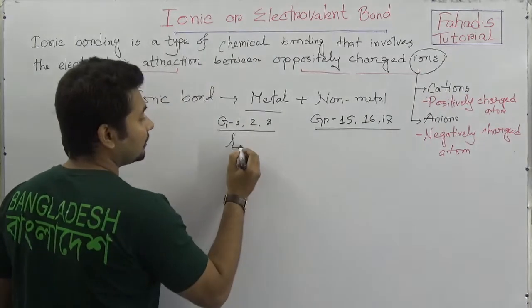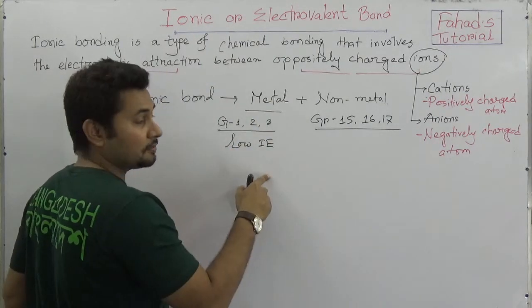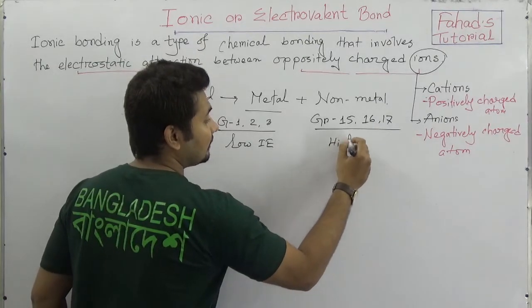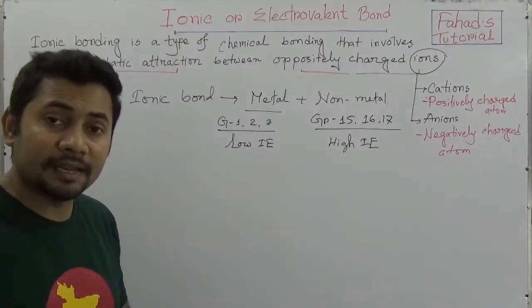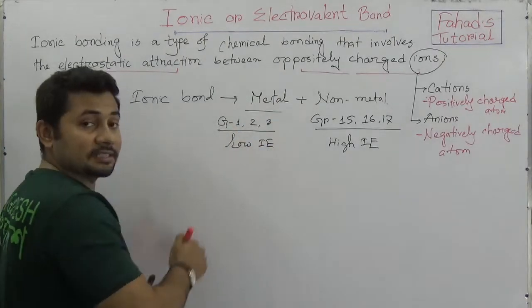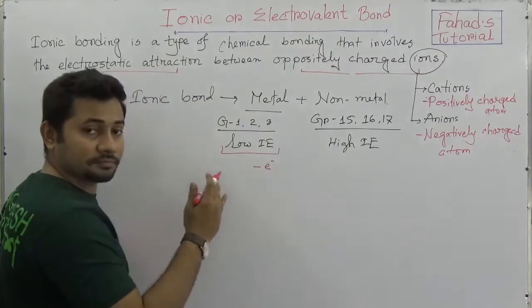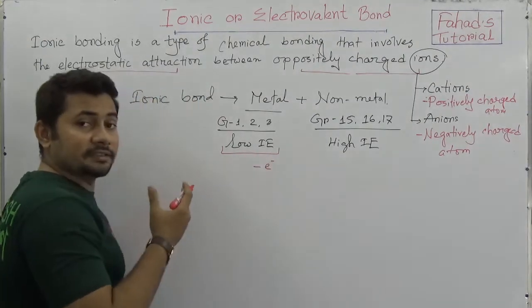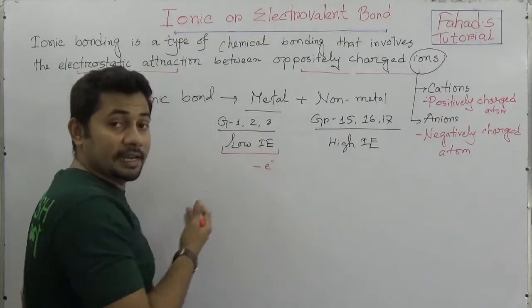So we have low ionization energy in the metal group and high ionization energy in the non-metal group. When it has low ionization energy, it donates electrons. When it donates electrons, it becomes a positively charged atom, which is called a cation.